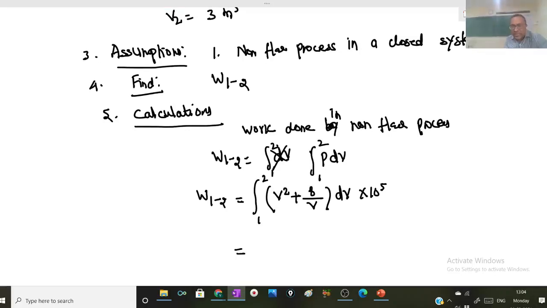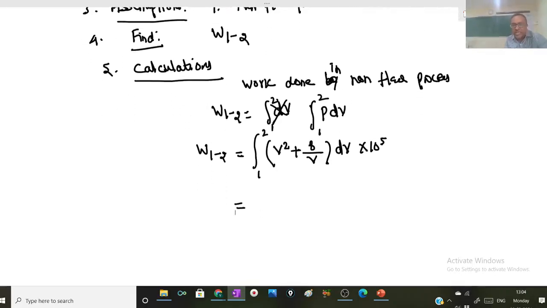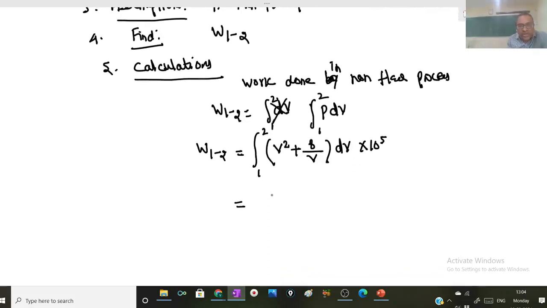Now integrate this. It is a simple integration. It will be V cube by 3 plus 8 log V. Limits will be from V1 to V2, into 10 to power 5.